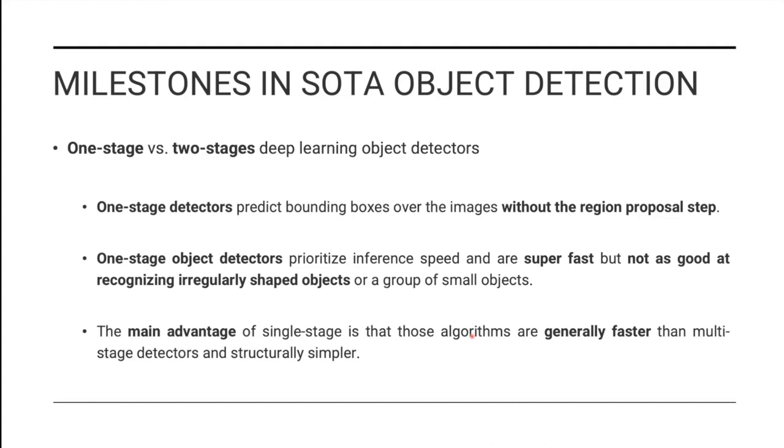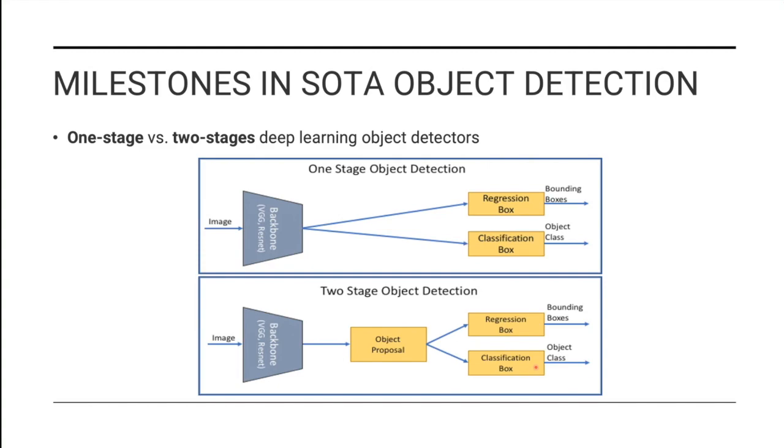The main advantage of the single stage is that they are generally faster. So when we are working on videos, we can get the benefit of them as they are fast, especially in real-time object detection.